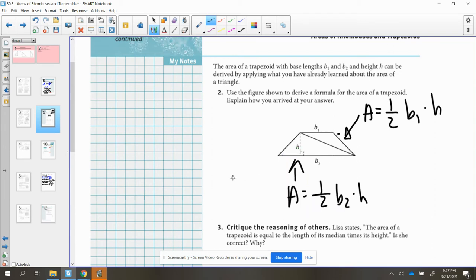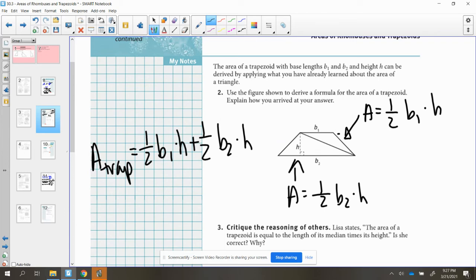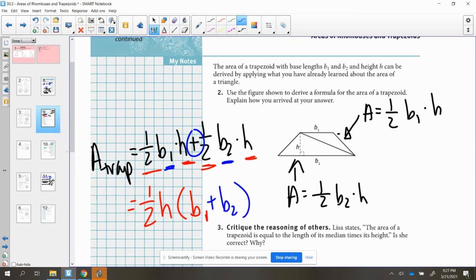Well, again, the total area of our trapezoid would be both of these added together. So 1/2 base 1 times the height plus the second triangle's area, 1/2 base 2 times the height. Well, notice both of these have in common 1/2 and H. So you can factor that out, and you're just left inside with base 1 plus base 2.